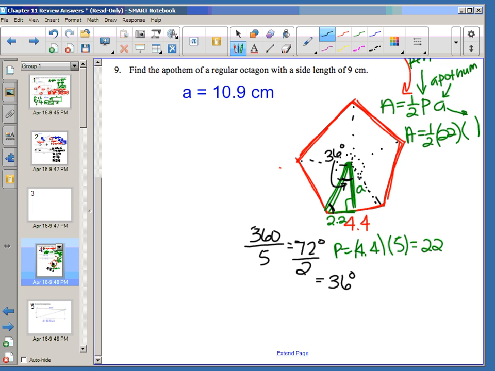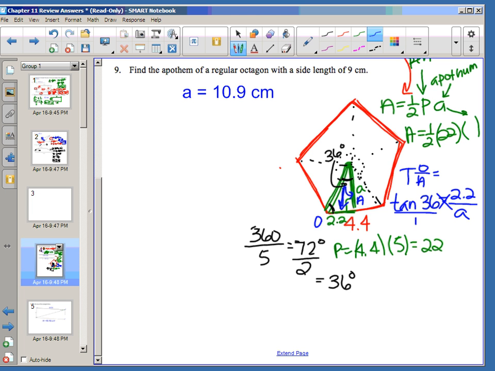Okay, now that I know that, I can use trig to find out what the apothem is, excuse me. This is the opposite side, and this is the adjacent side. So I'm going to be using TOA. So I get tan of 36 degrees equals my opposite side, which is 2.2, over my apothem.